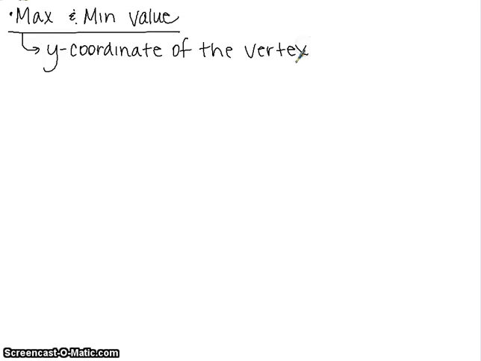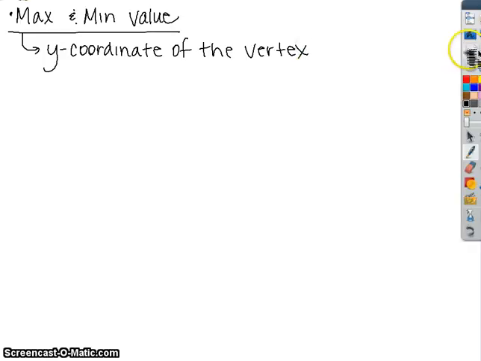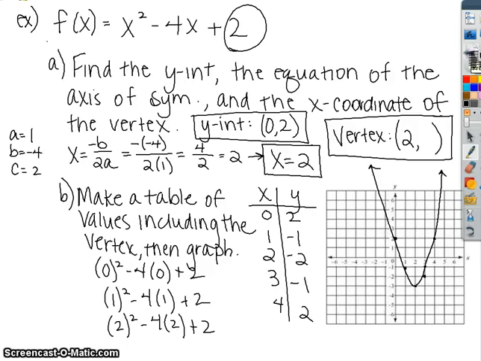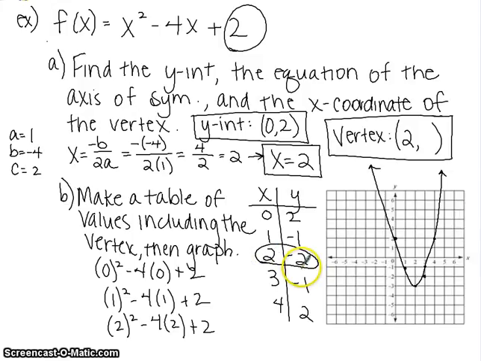If I go back a page and show you this last one, this was our vertex here. So in this case, our minimum is negative 2. It's down here. How did I know that that was a minimum?